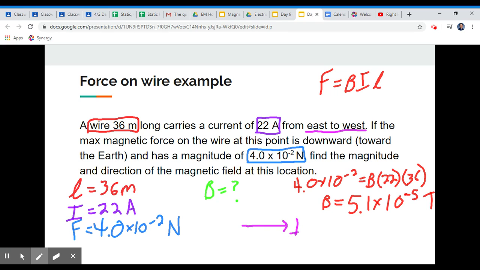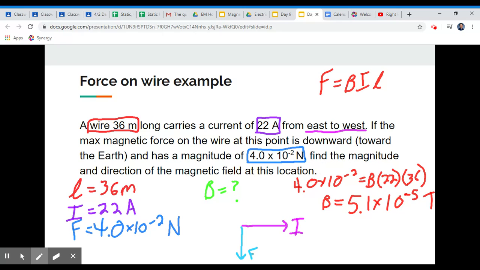So that's my current. And then I have my force. My force is pointing downward, so we'll point this downward. That is my force.